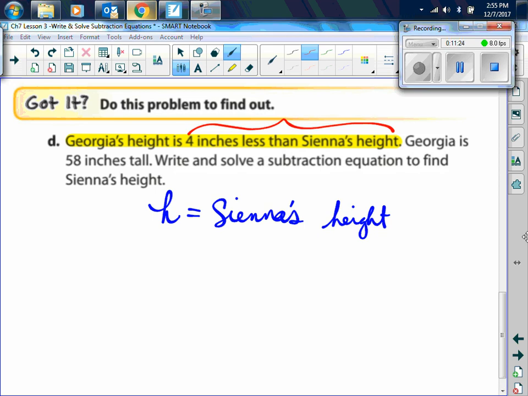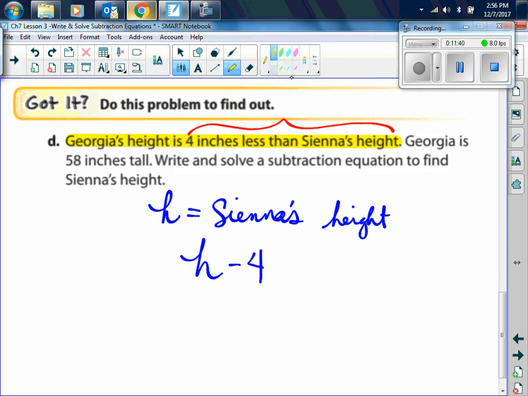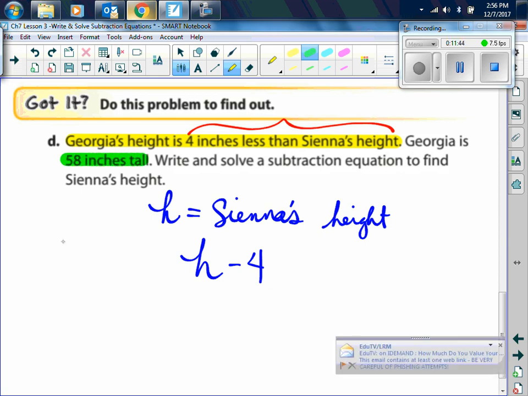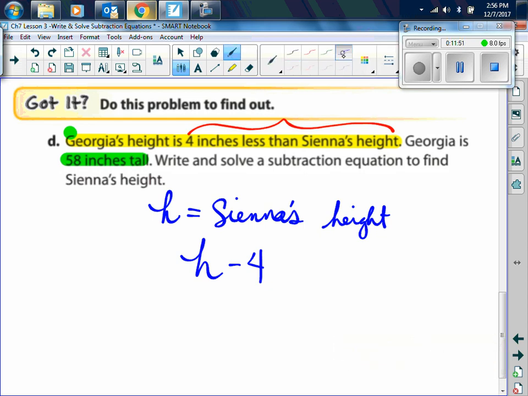So here, 4 inches less than Sienna's height is H, because that's Sienna's height, H, and we want 4 less than that, right? So we're going to subtract 4 from the H. And that is equal to Georgia's height, which is 58 inches tall. So this is equal to 58.